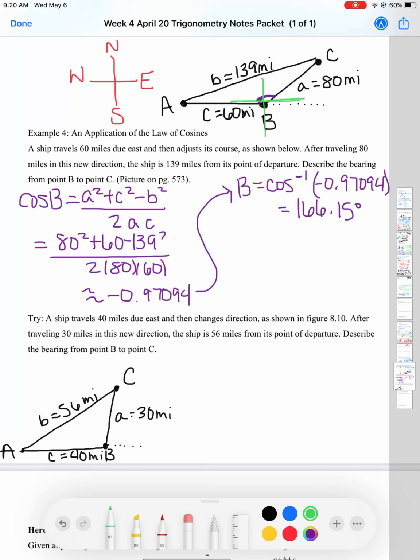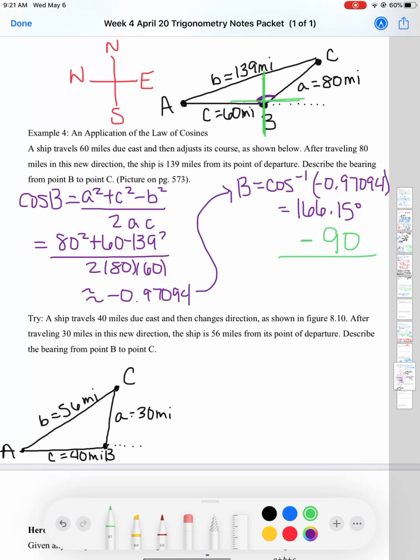We need our bearing. So to get our actual bearing from B to C, since we have to account for that north-south line, because it's measured from due north, we need to subtract 90 degrees from that to get our bearing.